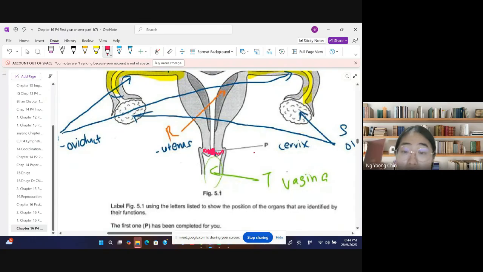The purpose of this is to prevent the sperm from entering the uterus, because they are blocked by the mucus on the cervix, like this.